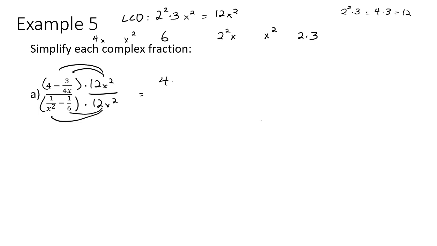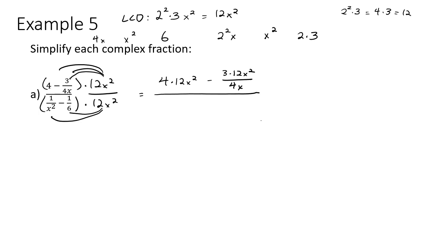So in the top left, we're just going to have 4 times 12x squared. In the top right, when you multiply a number into a fraction, it goes into the numerator. So that's going to give me 3 times 12x squared over 4x.